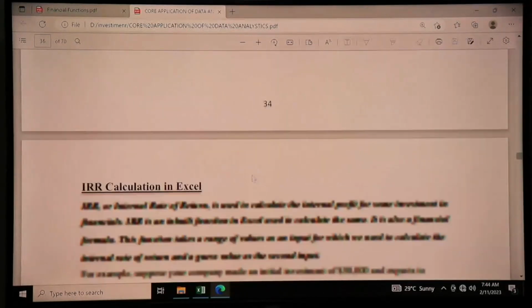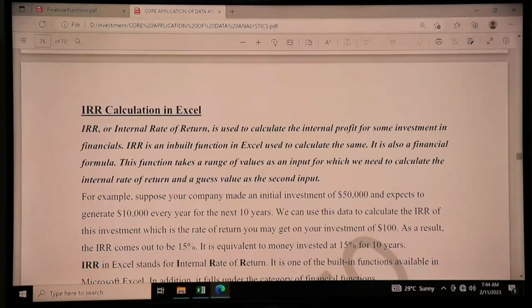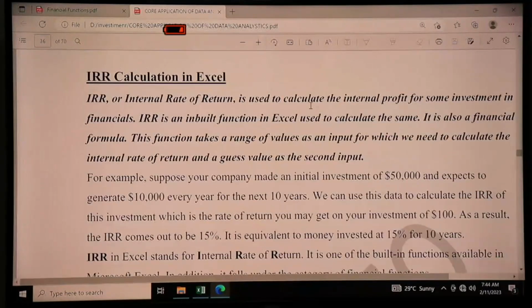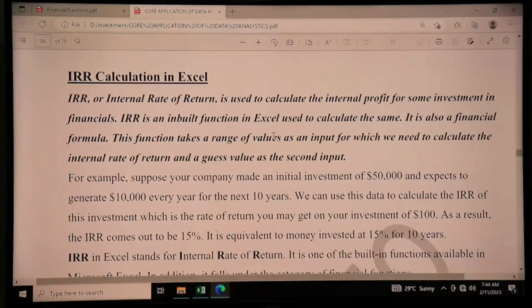When we talk of the internal rate of return, what are we referring to? Specifically, we say that the internal rate of return is used to calculate the internal profit for some investment.